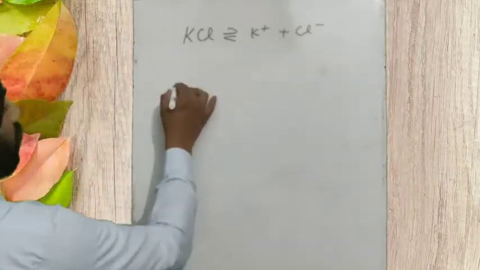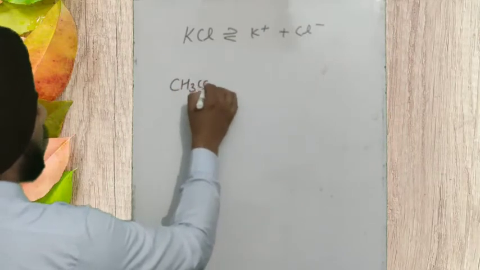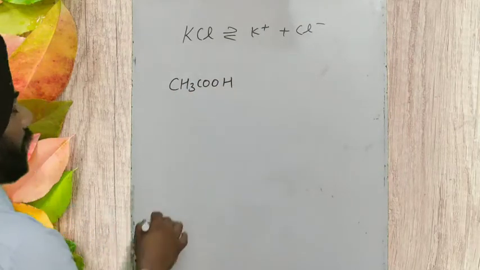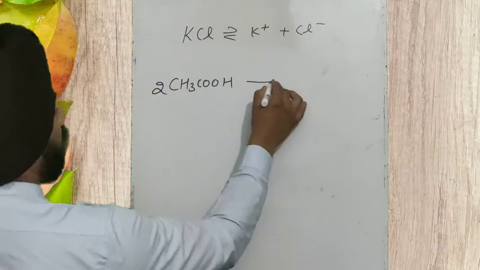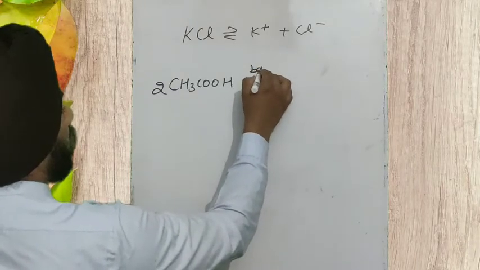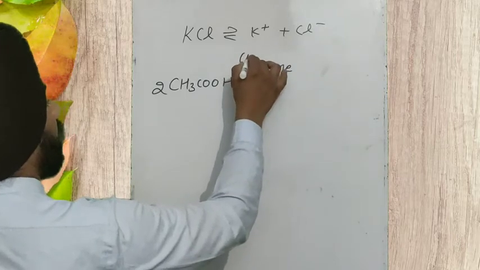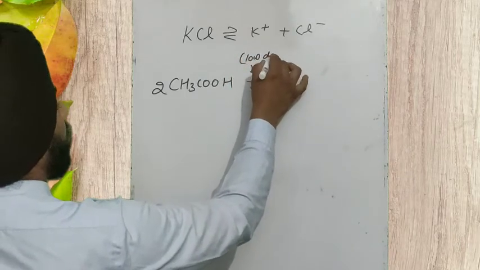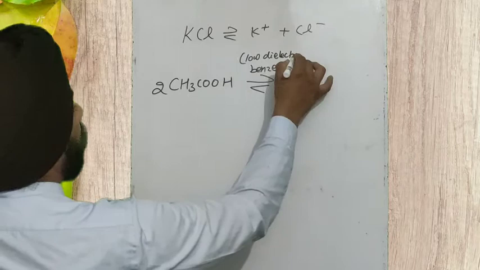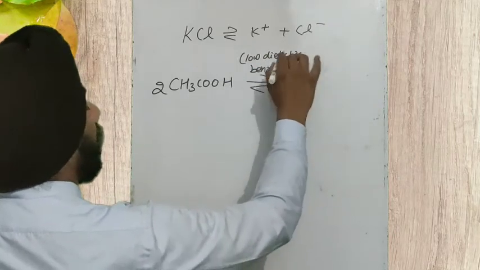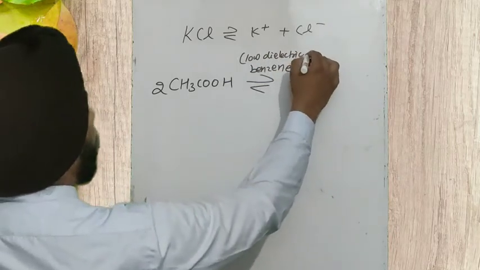Like when we add ethanoic acid, or acetic acid, into benzene. Benzene is a compound having a low dielectric constant. Commonly this happens with a solvent having a low dielectric constant.